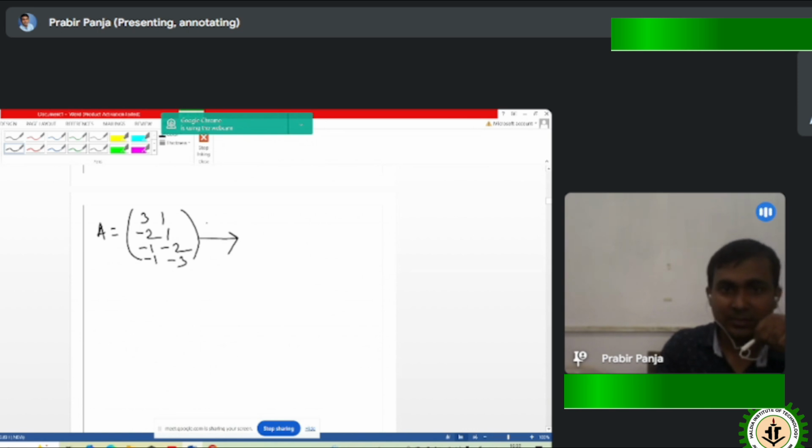So first of all, we'll interchange R1 and R4. Interchange these two rows of the matrix. So it will be minus 1 minus 3, minus 2 1, minus 1 minus 2, then 3 1.